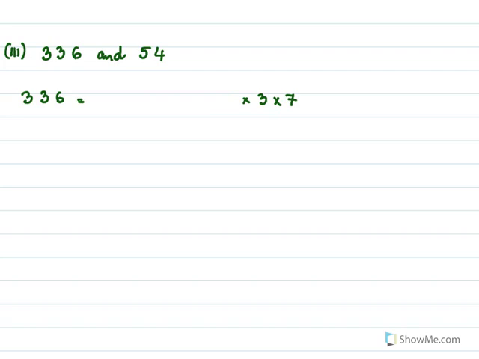I can write it as 2 raised to 4 into 3 into 7. And then when we have 54, we can write 54 as 2 into 3 into 3 into 3. So we erase this up and we write 3 raised to 3.